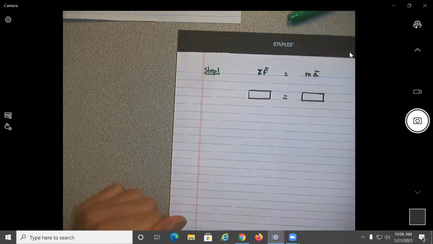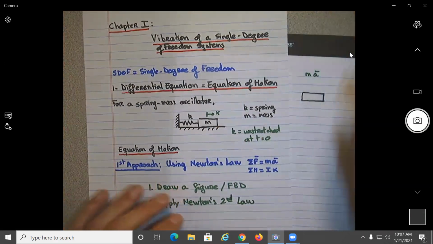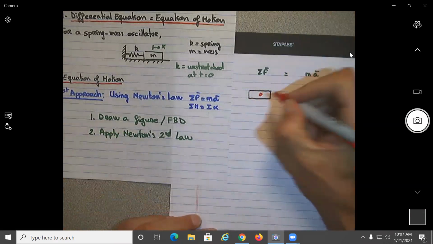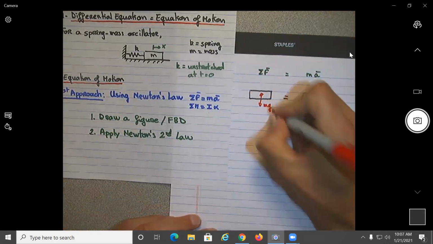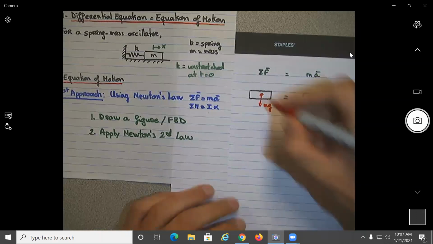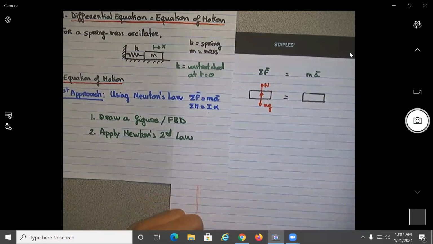So let's see. If we assume no friction, what would be the forces acting on the block of mass M? You will have the weight, mg, and the normal reaction.